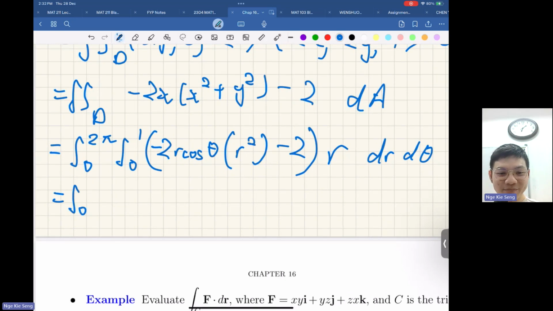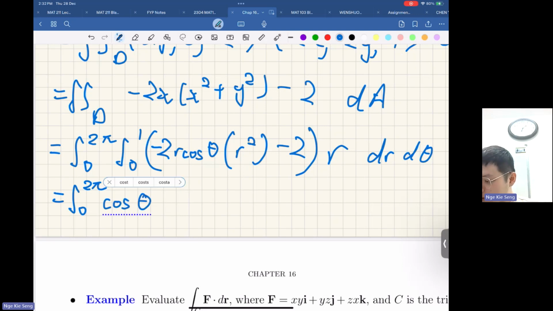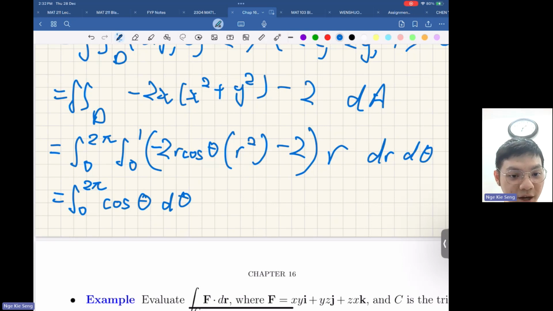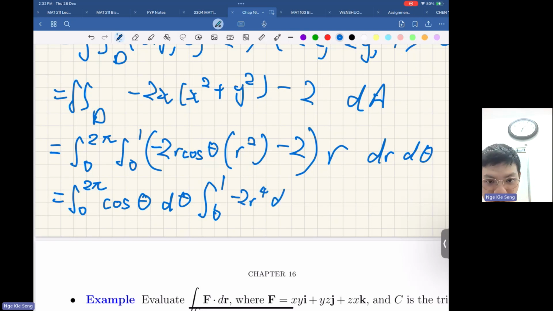Actually, it's not too hard. We can split the iterated integral, into the cos theta part, and the minus 2r to the power 4 dr part.